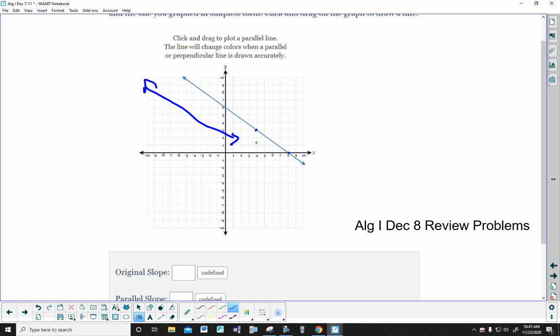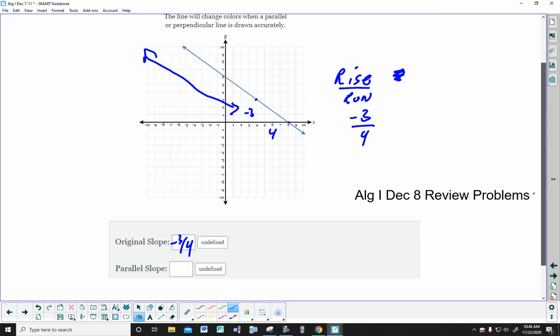So I'm going to go down 3, 1, 2, 3, and right 1, 2, 3, 4. Remember, slope is rise over run. So I'm going down 3 for rise and running 4. So negative 3/4 is the slope of that line. If it's parallel, it would be negative 3/4 because it's the same. And you could count it right off the graph.